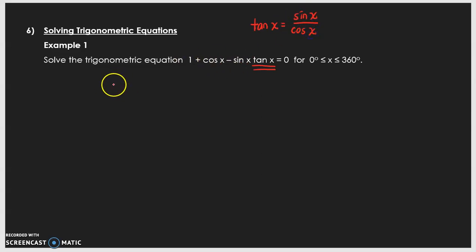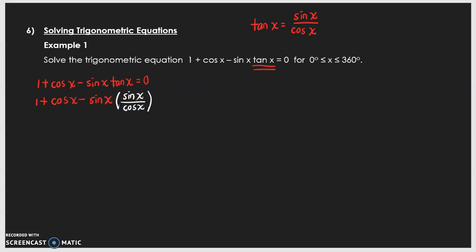So from this equation, 1 plus cos x minus sine x tangent x is equals to 0. So from the tangent, it will become 1 plus cos x minus sine x. For tangent, I can change to sine x over cos x.